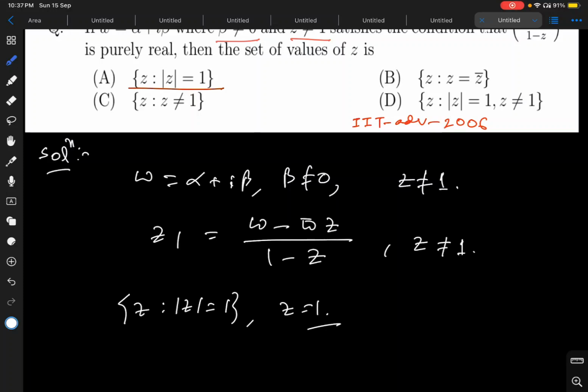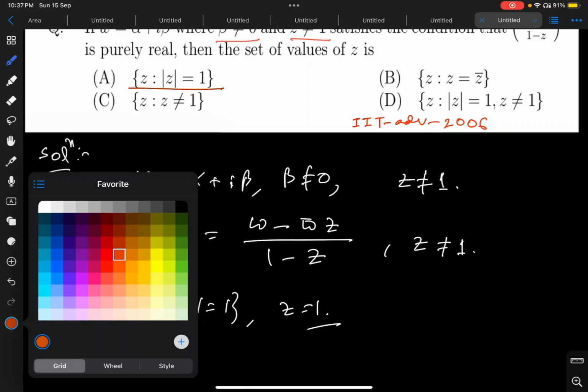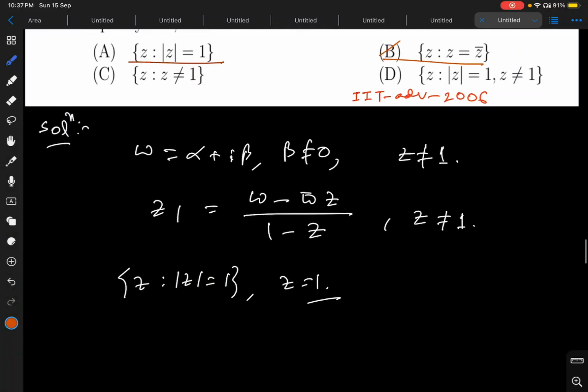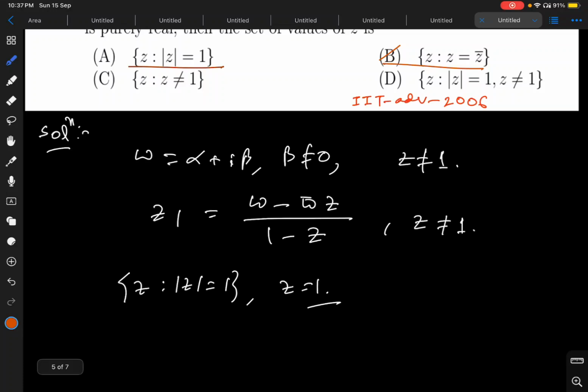And now we look at option B. In option B, it is given that z is in the set of complex numbers where z is equal to z bar.